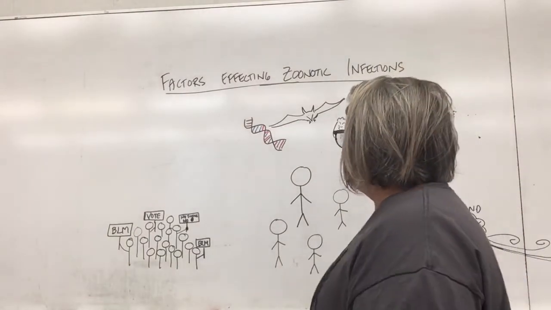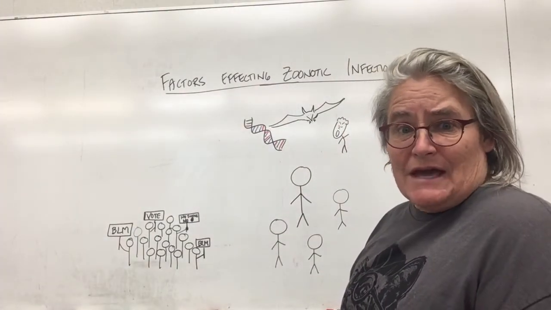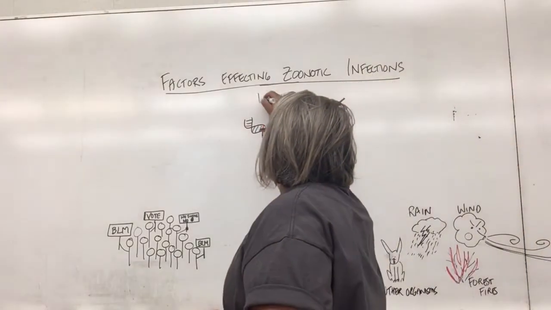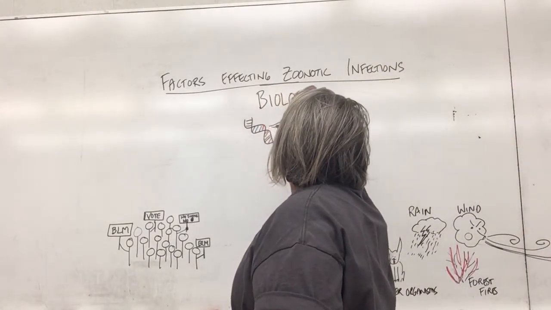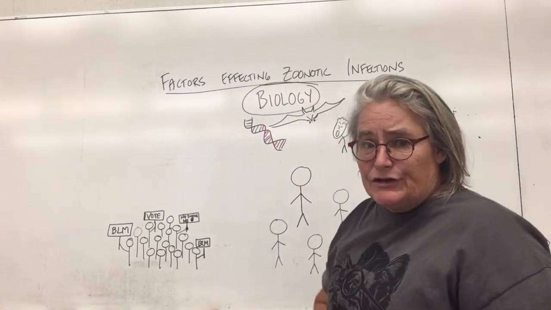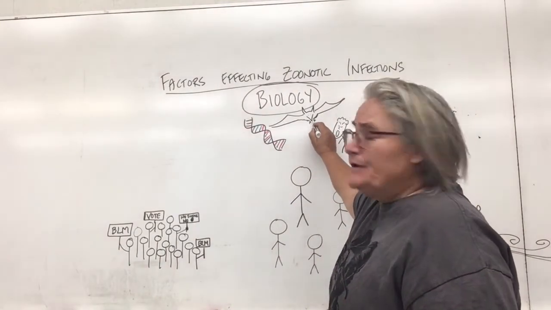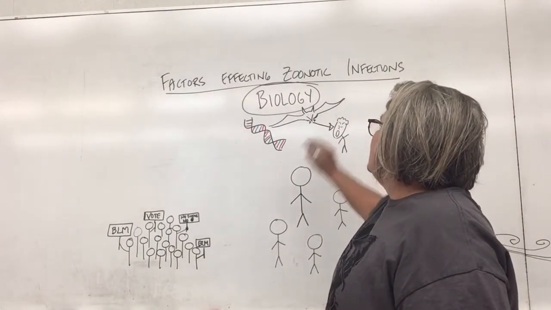So let's start up here. First thing that has to happen in order for us to get a zoonotic infection is the biology has to be right. There must be some avenue, some pathway from an organism, a living animal, into us.